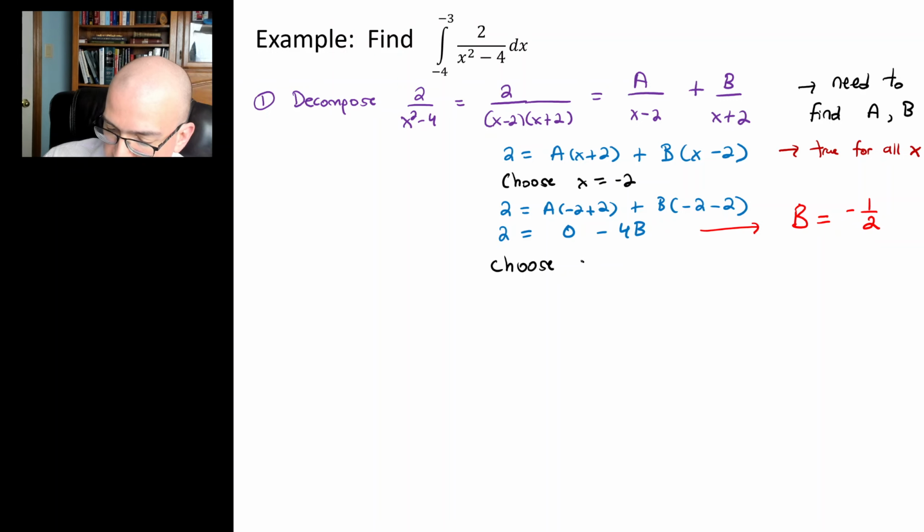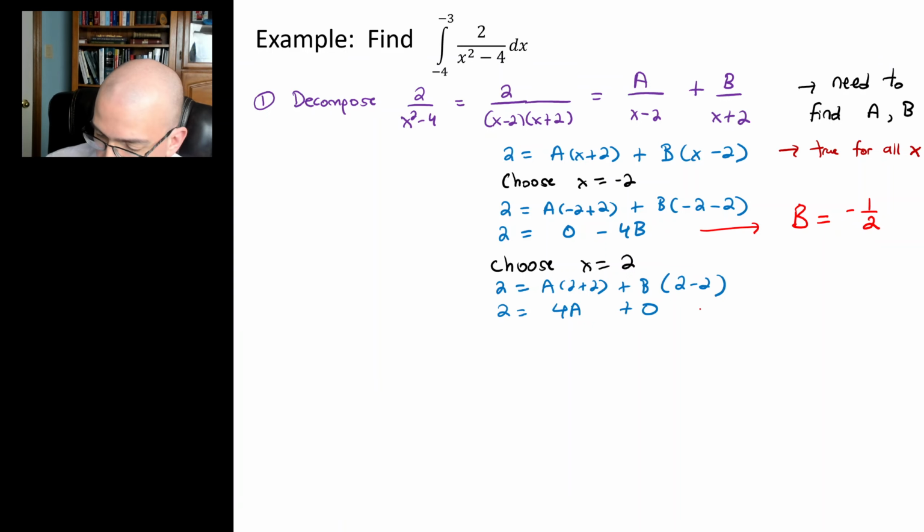So I'm going to choose x is +2 this time. So replace all the x's with 2's. We have 2 is equal to A times 2 plus 2 plus B times 2 minus 2. So 2 is equal to 4A plus 0. We divide both sides by +4, and we get A is equal to 1/2.